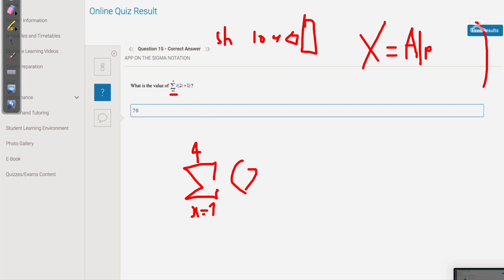We get 2x squared plus x. So up on top of the summation is 4, x is equal to 1, 2x squared plus x, which will give us 70.